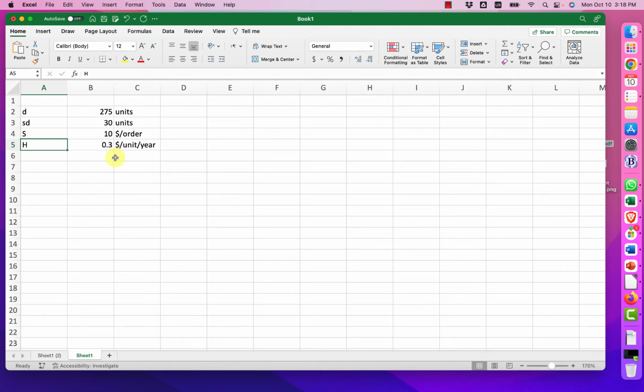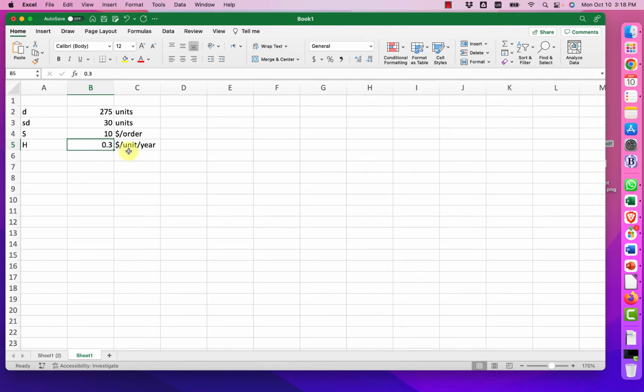If this was dollars per dollar per year, then you have to multiply the 0.3 by the value of the unit. So if the soap costs $5, it's like 30%, so 0.3 is 30%. You do 0.3 times $5, which is the value of the soap, and then you'll get like $2 as the holding cost.